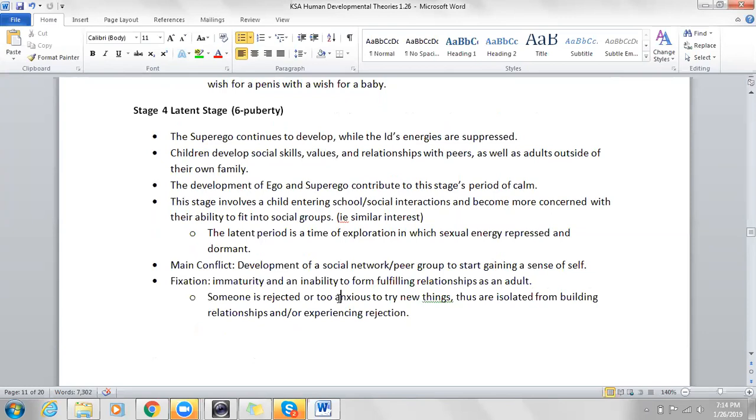So the main conflict here is that you're trying to develop a social network or a peer group to start gaining a sense of self, meaning you stop thinking about sexual urges and you start thinking about hanging around other people for the sake of getting a connection with them.